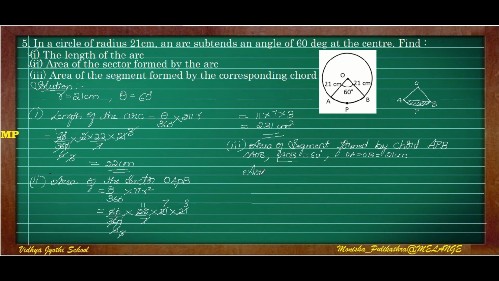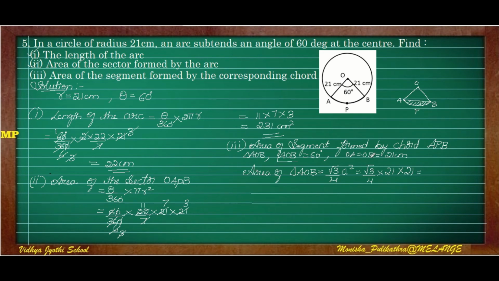So area of equilateral triangle. If it is an equilateral triangle, then the area will be found out by the formula root 3 by 4 a square, where a is the side. Side is 21, so 21 into 21.